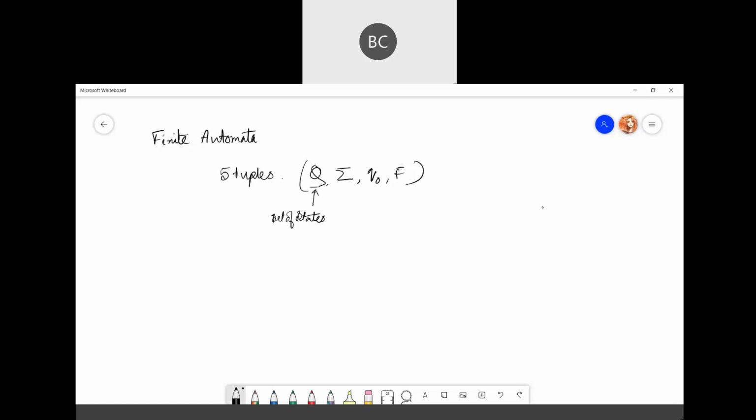Sigma is the set of input symbols. Q naught is the initial state. And F is the final state.